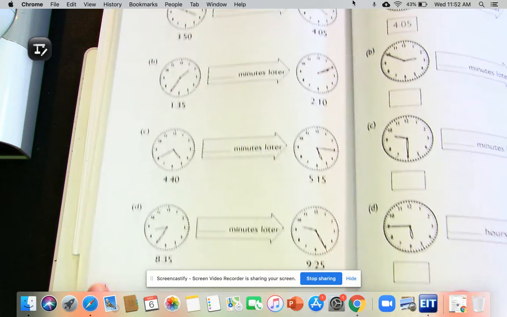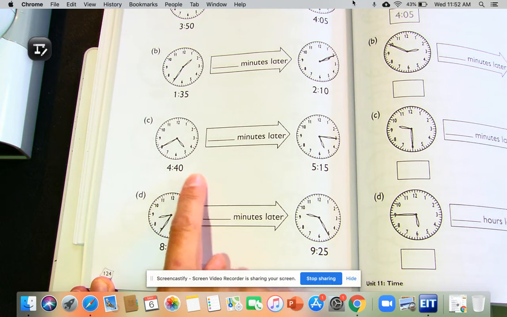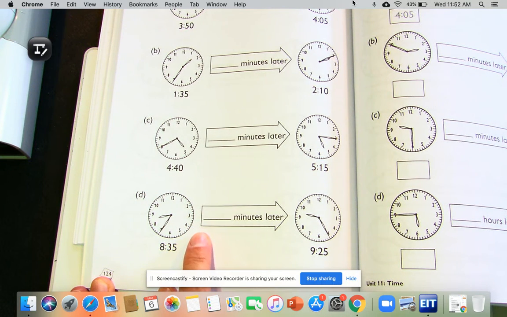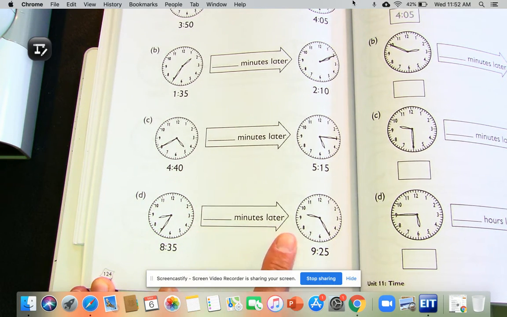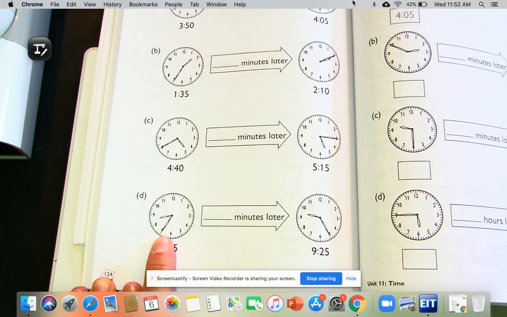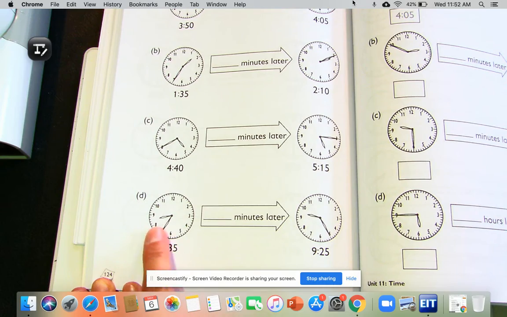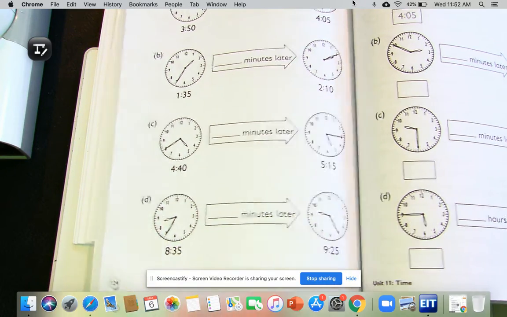Again, I would recommend that you go ahead and draw on your clock. You can draw the 5 minutes that are going by. Especially this one, there are quite a few minutes. It's not quite an hour. You start at 8:35. Another hour would be 9:35, but it's not quite an hour later. So go ahead and draw the skip counting by fives if that helps you.